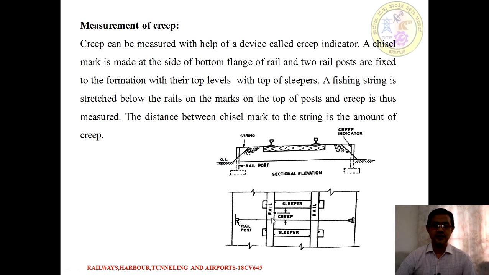On this mark a chisel mark is put where the initial string is tied. After allowing traffic, the sleeper or the rail is going to move ahead from its chisel mark. This difference is measured, and that is the creep measurement.